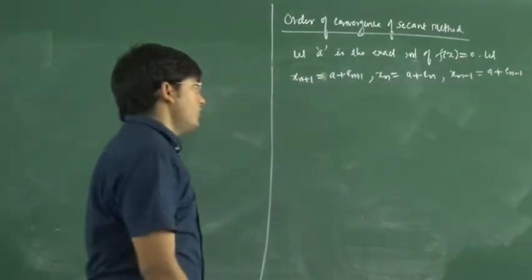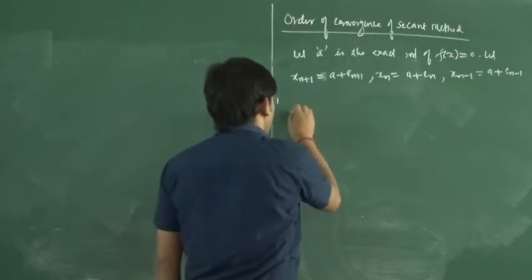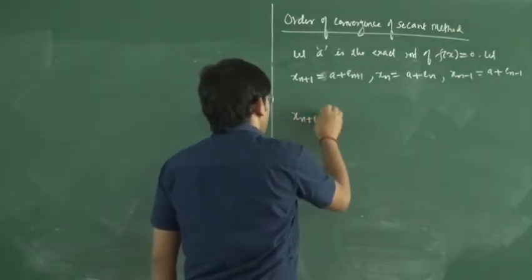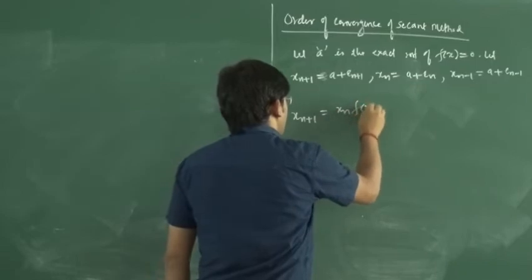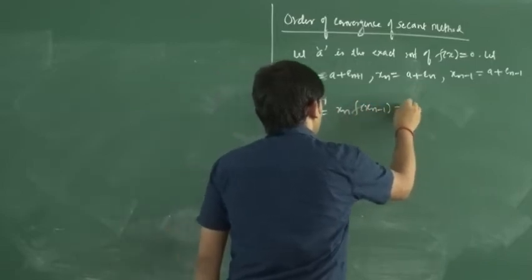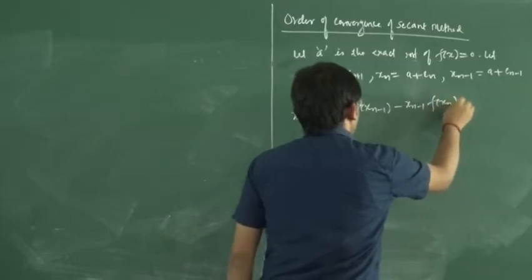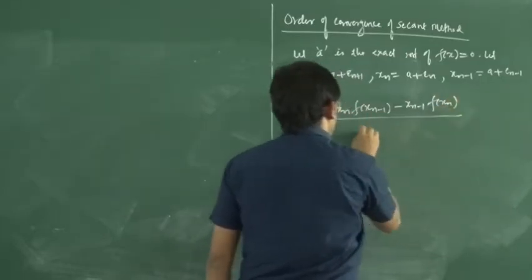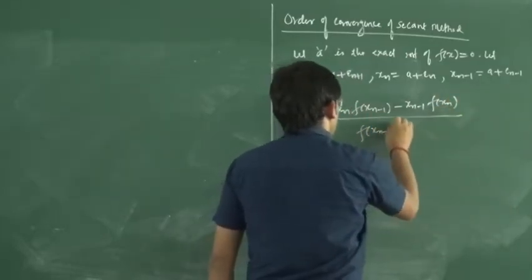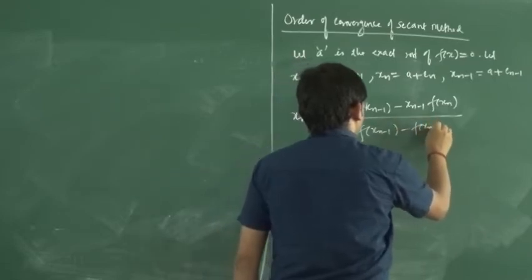Then using the formula for the Secant method, we have x_{n+1} equal to x_n f(x_{n-1}) minus x_{n-1} f(x_n), divided by f(x_{n-1}) minus f(x_n).